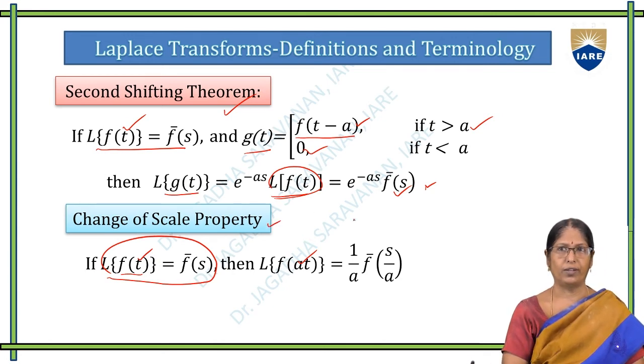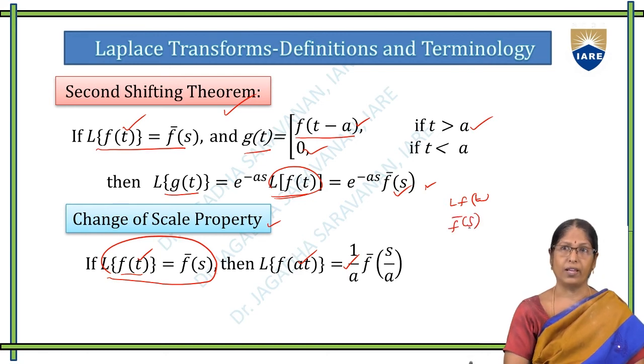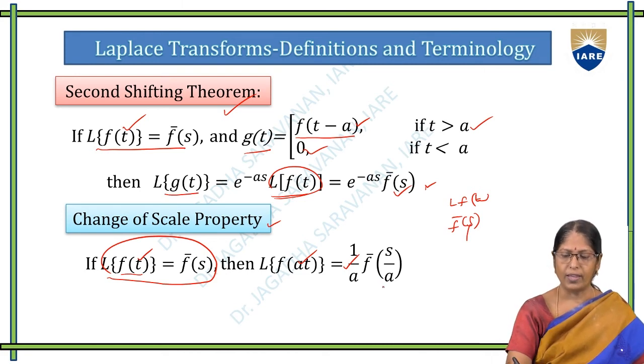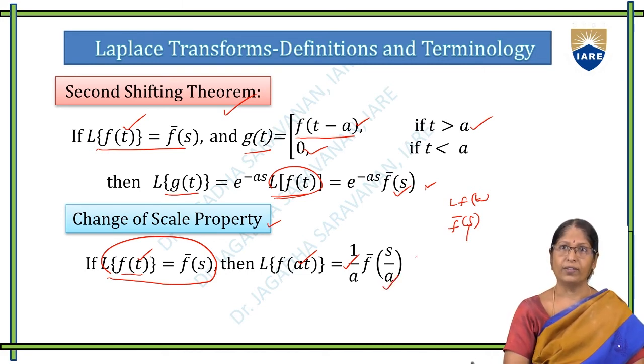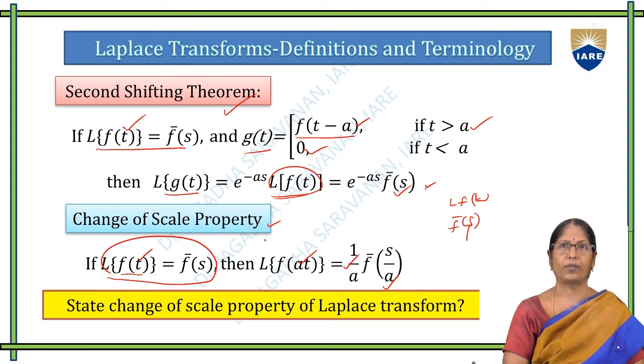That property is 1 by a times f bar of s, where s is replaced by s by a. That is our change of scale property.